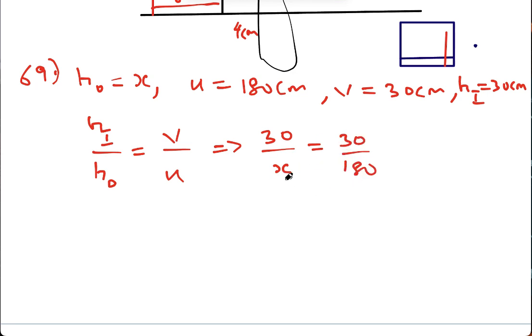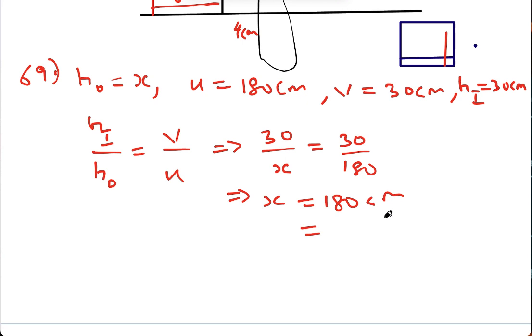With this, we can easily solve it. So x has to be 180 centimeters. So that's the correct answer. To convert this to meters, this is a very, very tricky question. You might think that maybe they made a mistake with the units or something.